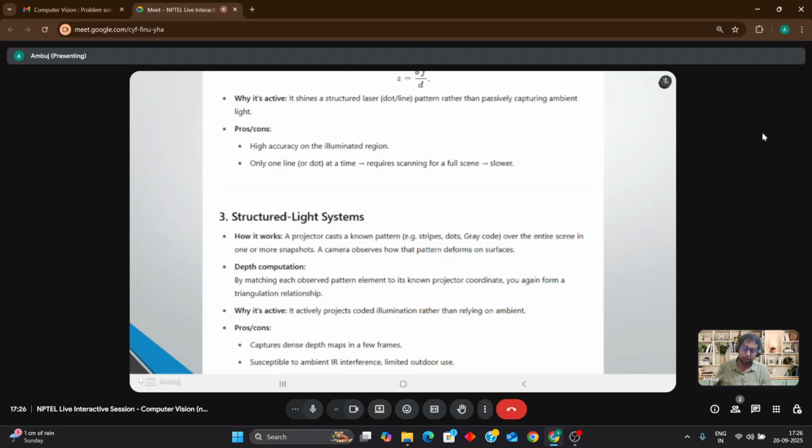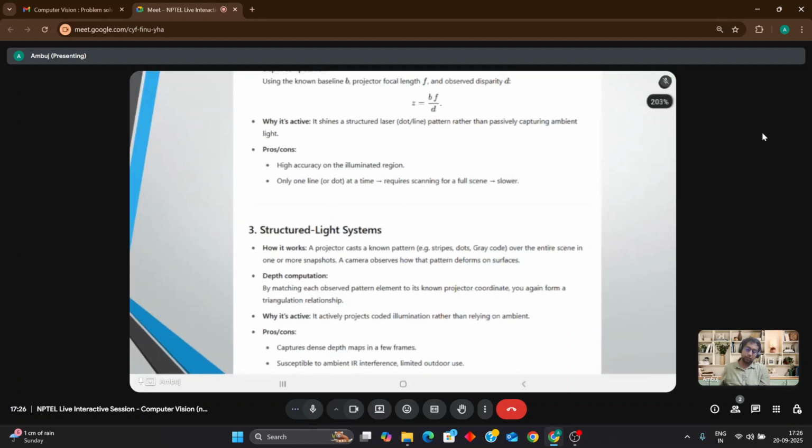Why is it active? Because it actively projects coded illumination rather than relying on ambient light. The pros are that it captures dense depth maps in a few frames, and the con is that it is susceptible to ambient light interference.